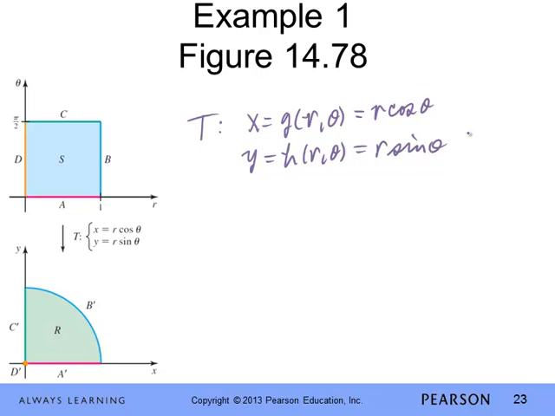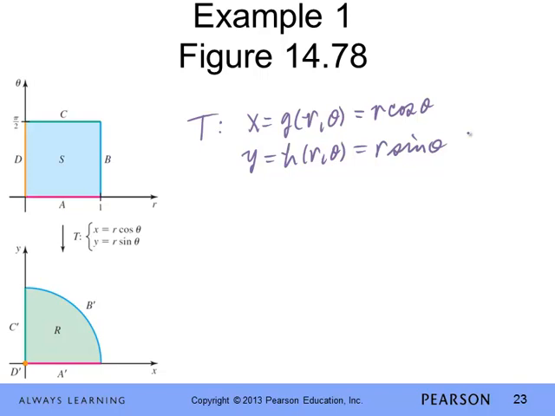This boundary line right here on the r theta plane, where r goes from 0 to 1 and theta is at 0, gets mapped to this one on the xy plane. This vertical boundary line on the r theta plane region, where r is fixed and theta goes from 0 to pi over 2, gets mapped to this arc right here on the xy plane, and so forth. C gets mapped to C prime, D gets mapped to right there.